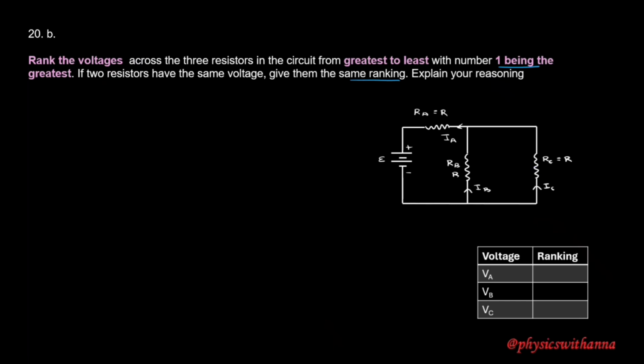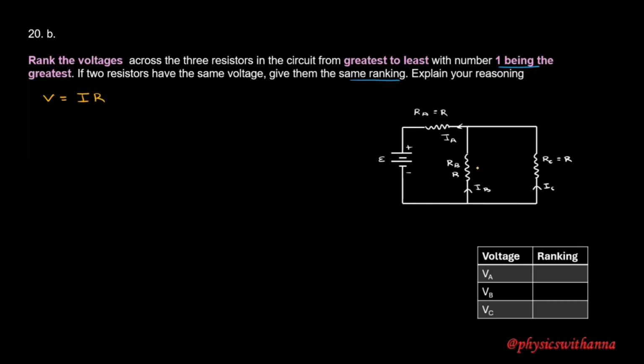Now we can find potential difference across a resistor using Ohm's law, which says that potential difference V is the product of current times the resistance. And once we know the values of current and resistance across a resistor, we can find its potential difference. Here resistors RB and RC are connected in parallel.